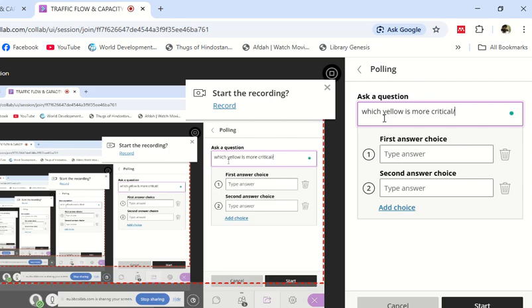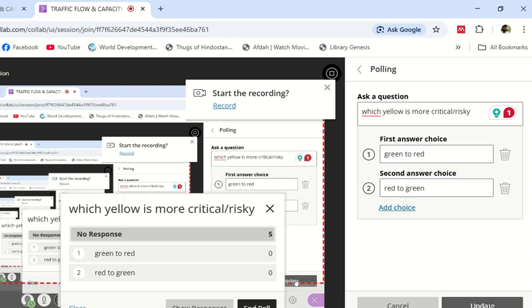More dangerous, risky? Green to red, red to green. Which one of them is riskier?